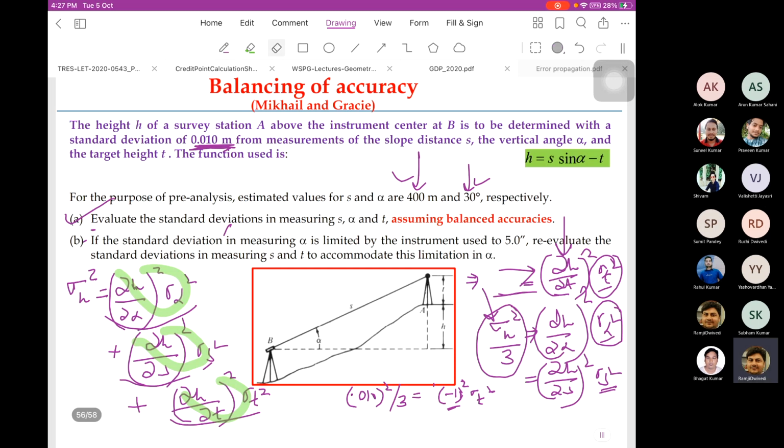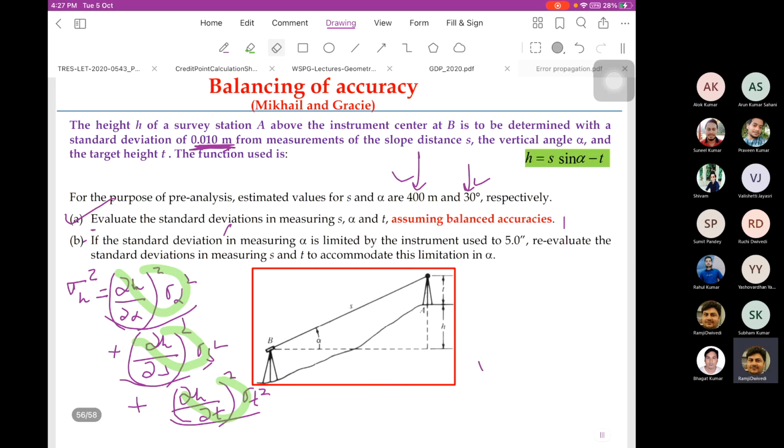In the second case, when you are telling that your sigma alpha is limited by 5 seconds, that means here you will put up the 5 seconds, converted to radian. Obviously 5 seconds you will convert to radian by pi by 180. Whenever you multiply to degree, that becomes radian, and you subtract from sigma h square.